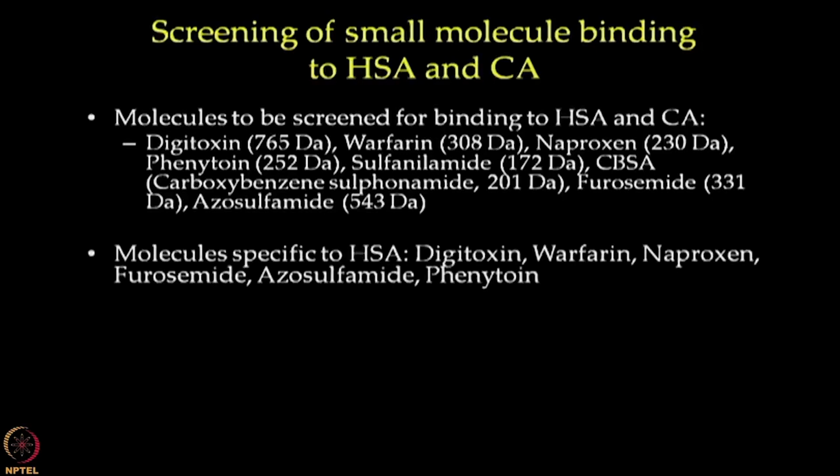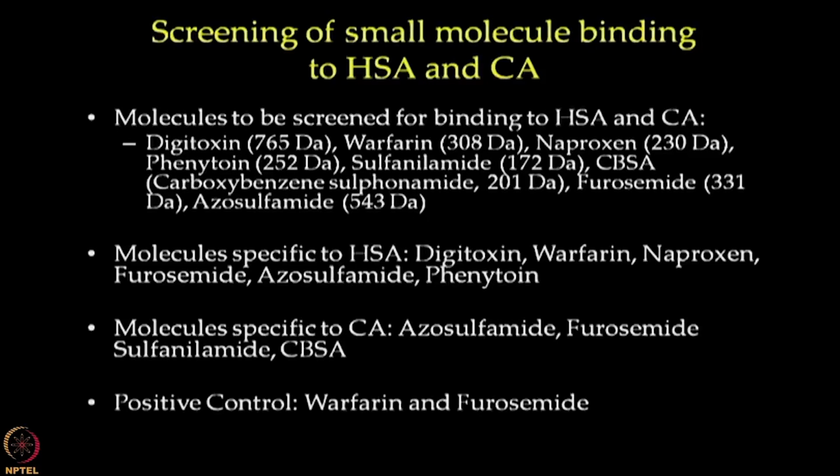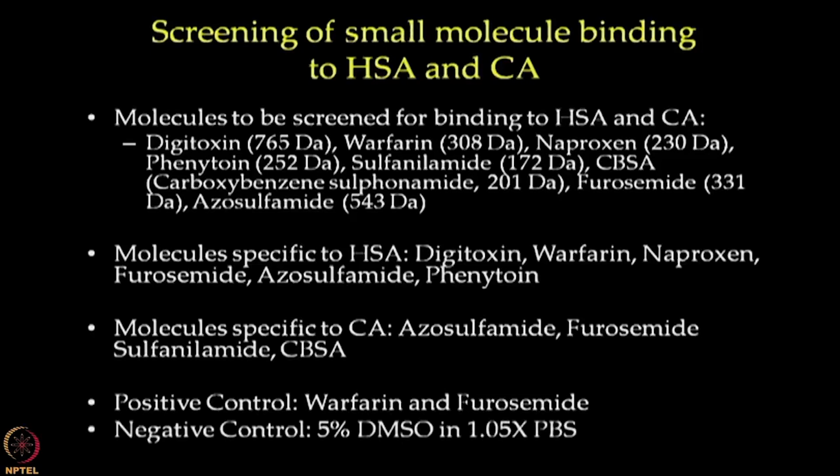Some of these molecules are specific to HSA, whereas the rest are specific to CA, furosemide being specific to both. Warfarin will be used as a positive control for human serum albumin and furosemide for carbonic anhydrase. We will also use 5% DMSO in running buffer as negative control.